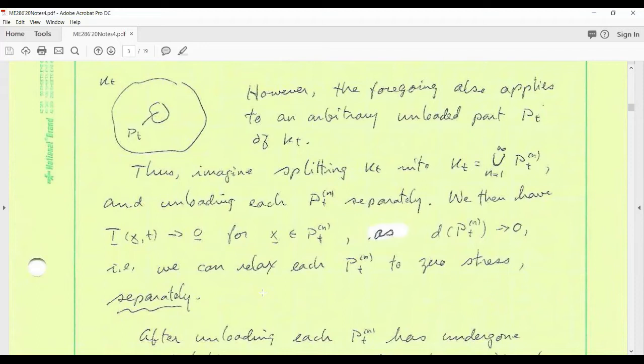After shaving off that small piece and unloading it, the stress is approximately zero in that piece, close to zero. So then you can look at the shape that that sliced-off, unloaded piece has.